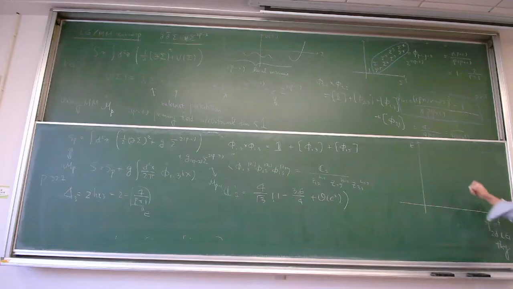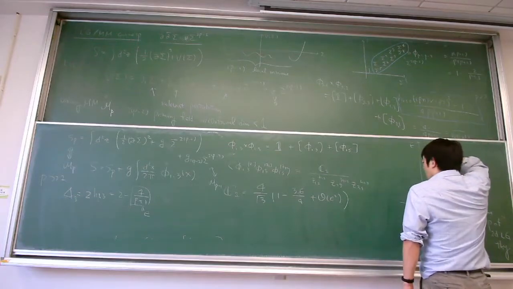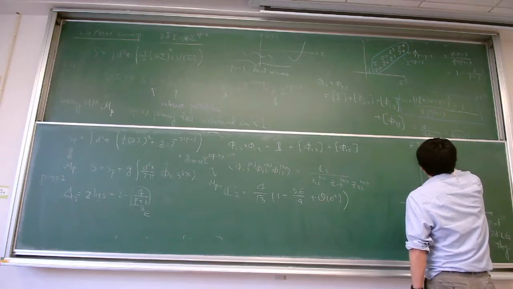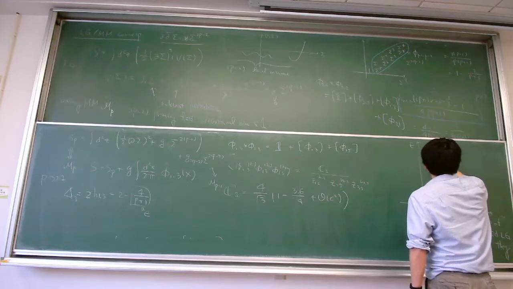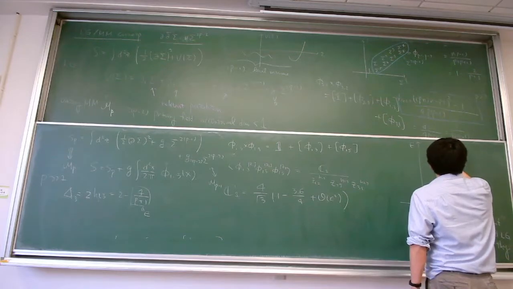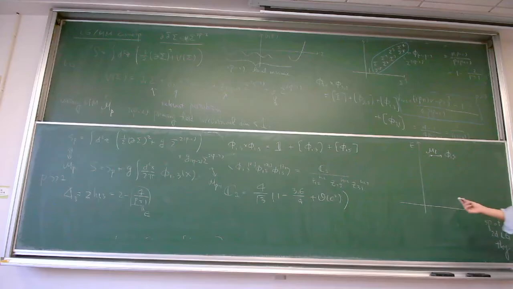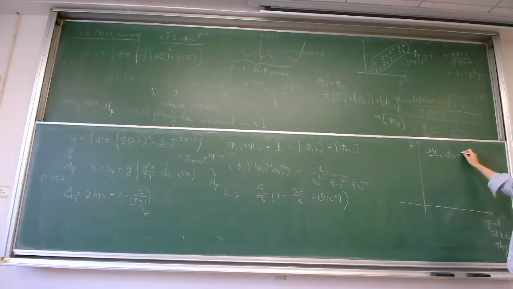You start with M_p, and you deform by phi 1,3, which is sigma 2p minus 2.